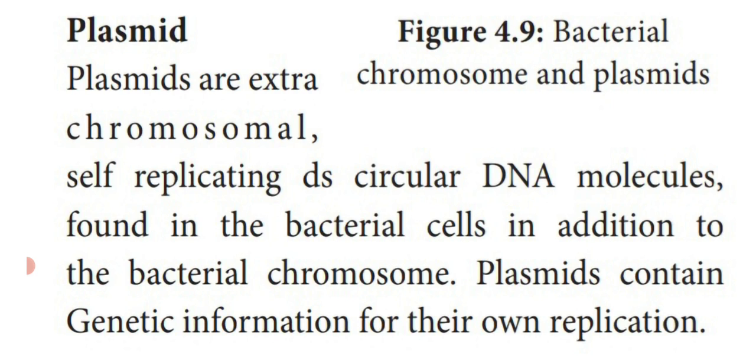Plasmids are double-stranded, circular DNA molecules found in the bacterial cell in addition to the bacterial chromosome. So that is the answer for what is plasmid. Plasmids are extrachromosomal, self-replicating, double-stranded, circular DNA molecules found in the bacterial cell in addition to the bacterial chromosome.